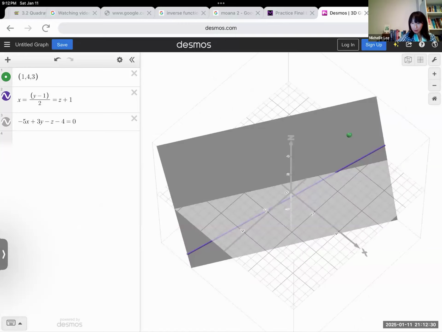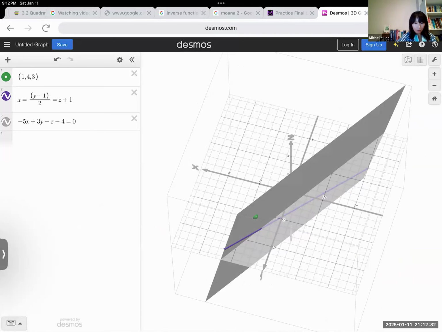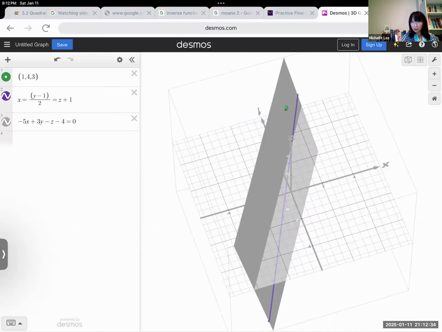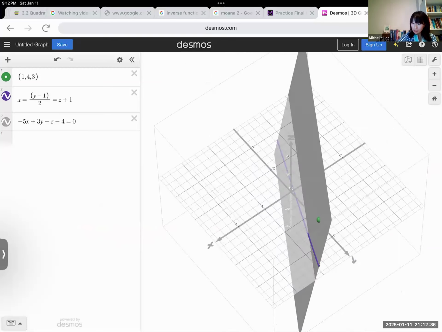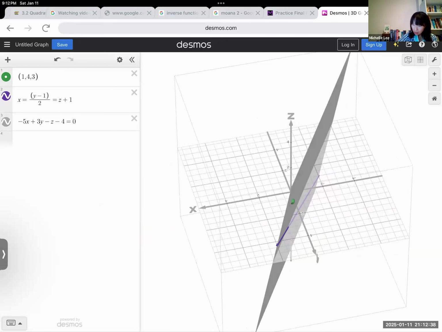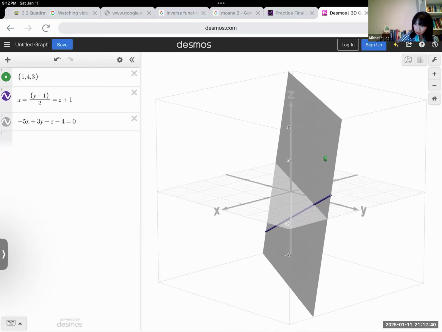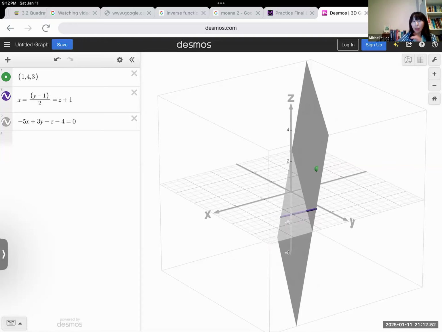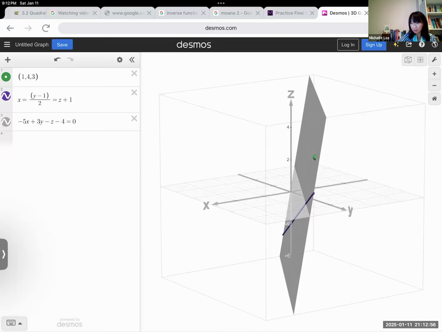Okay, so here we go. So I put the one point, P, 1, 4, 3, and then the symmetric equation, which is a line. Can you see that? That's the purple one is the line, right? And then the equation I put in there, that's the plane. Equation for the plane.